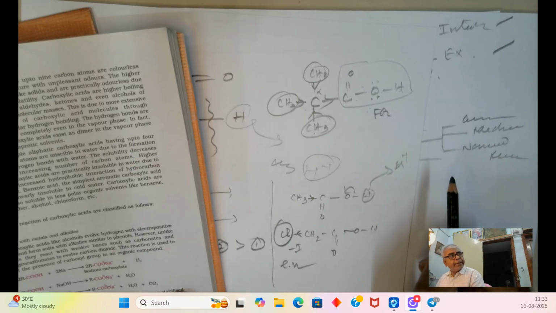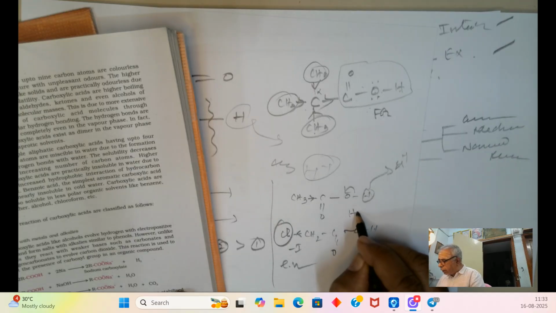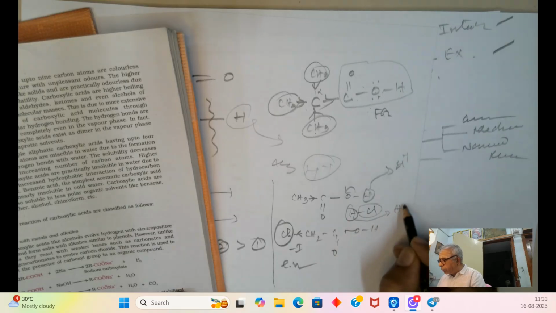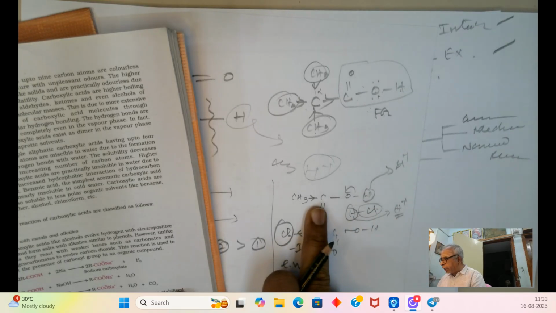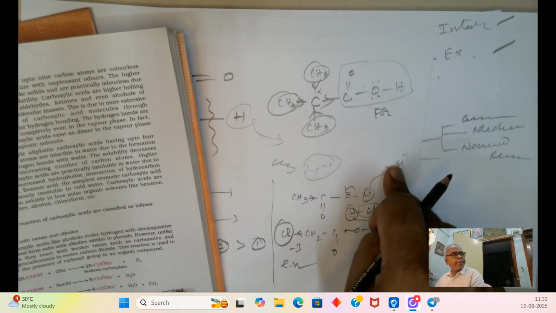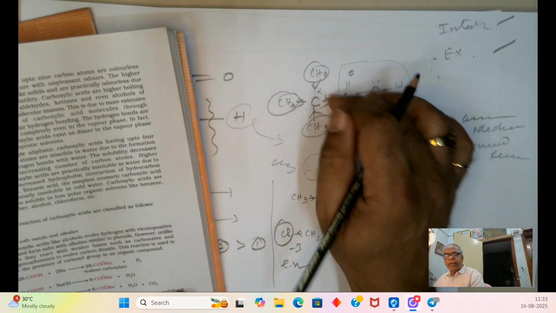Immediately compare with HCl, it will be much more. This chlorine, which is very aggressive in electronegativity, immediately takes the electron of hydrogen, and that is why there is an instant release of H plus in HCl. That's why we call it a strong electrolyte, whereas acetic acid is a weak electrolyte. And what about this? This is much weaker.